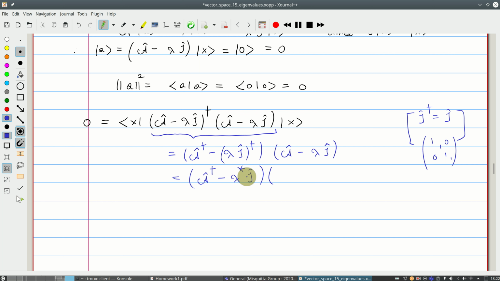Then the left-hand bracket. Then we have A hat minus lambda I hat, and now we can cross multiply.